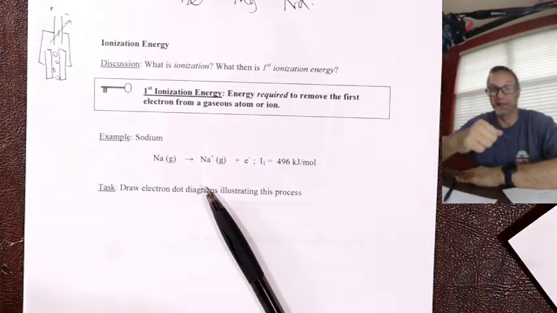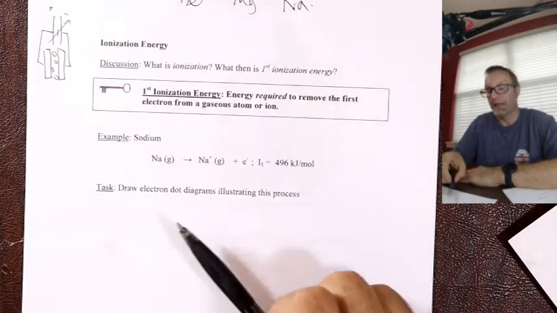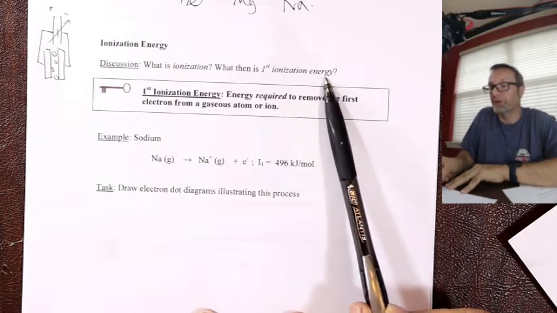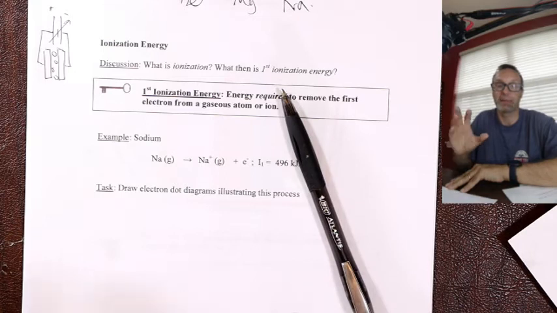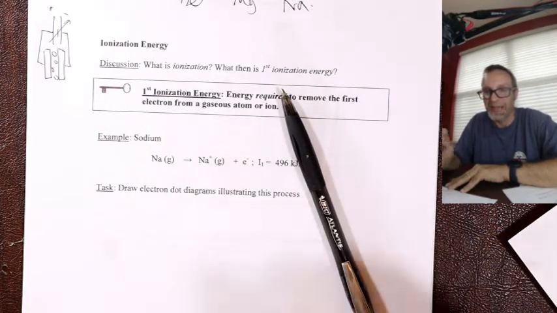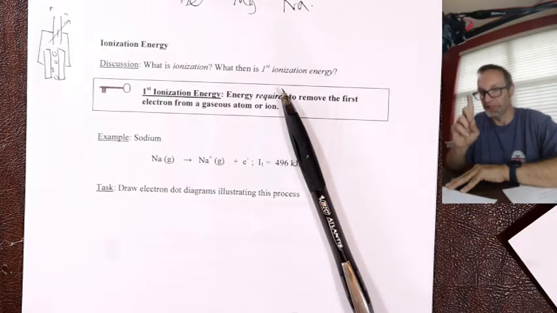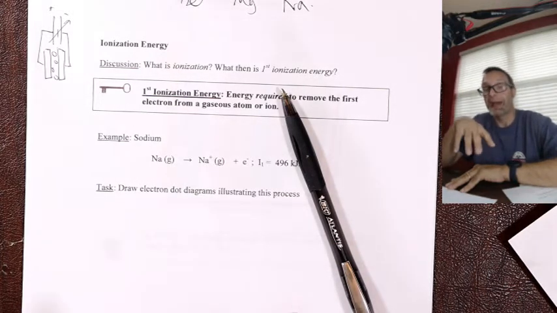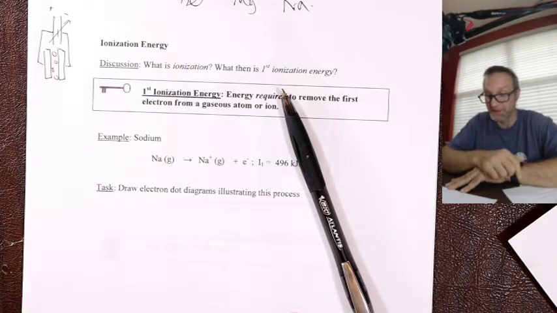However, we're only interested in apples to apples comparisons, so we only look at what's called first ionization. That's how much it costs to get one electron. Why is that important? Because everything has at least one electron. Hydrogen has only one electron, so it only has a first ionization. Helium has two, so it has a first and a second. Lithium has three, so first, second, and third. If we want to compare, we've got to compare first ionization because everybody has at least one electron.